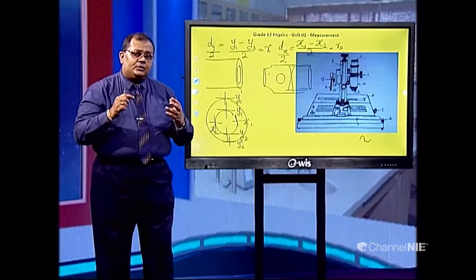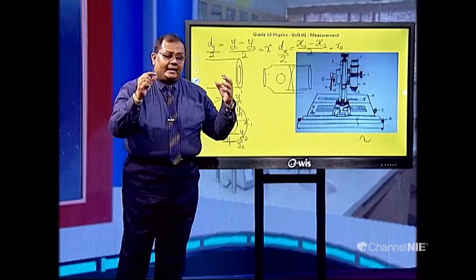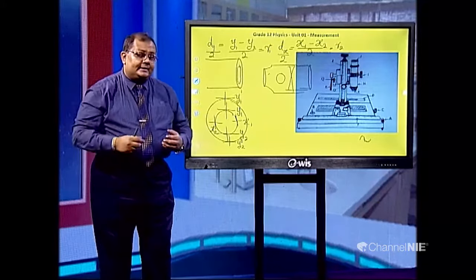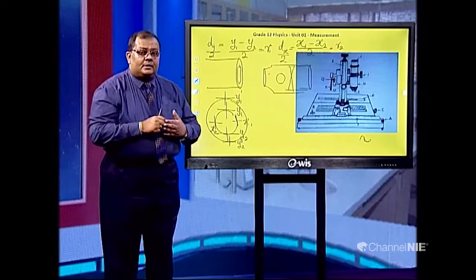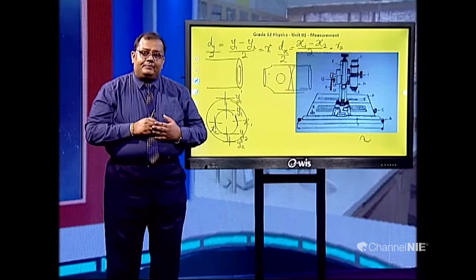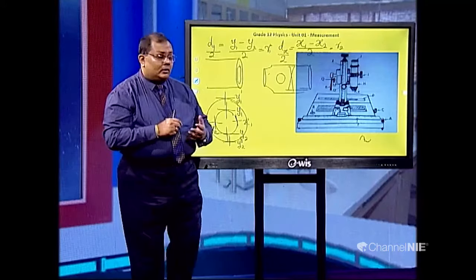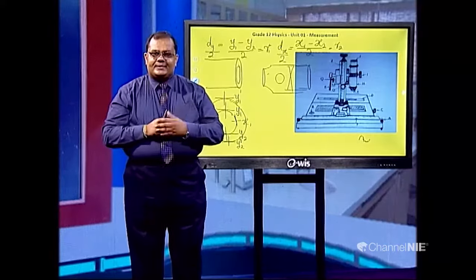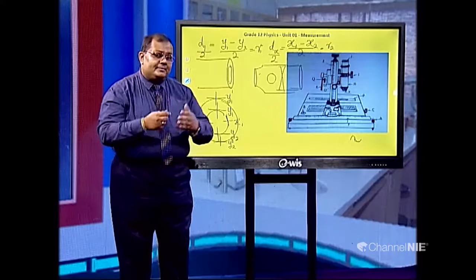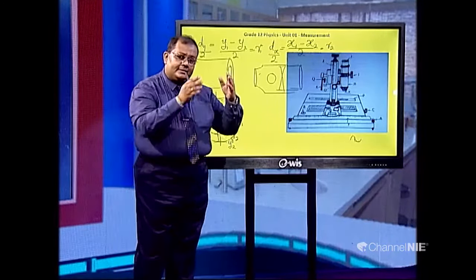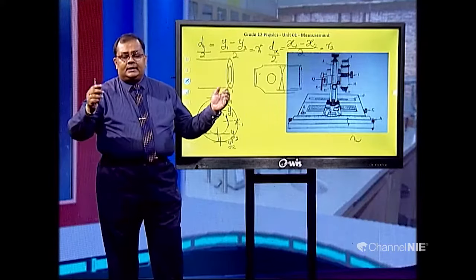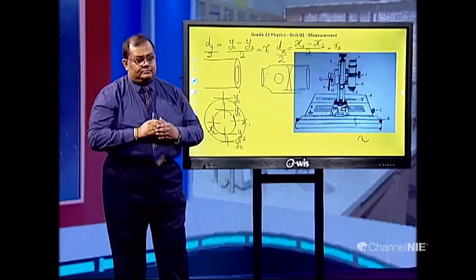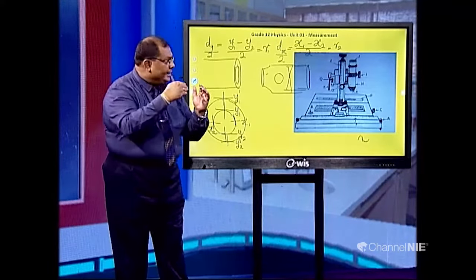But if you want to measure an average diameter for the entire tube, there's another method that we are normally not doing in the lab because we have to use mercury. Normally we are not using mercury in the lab. But there's another method like that also if you want to measure the diameter for the entire tube. Then we have to add a small mercury thread into the tube.